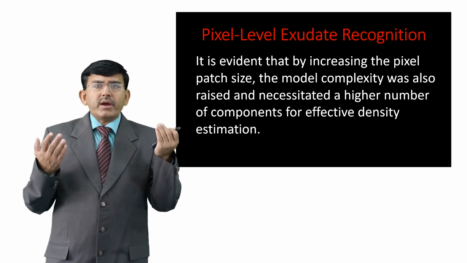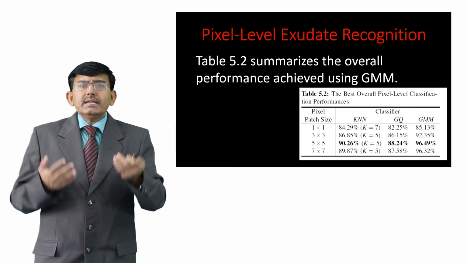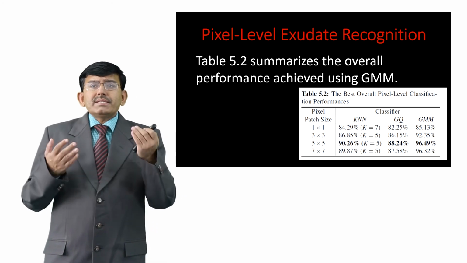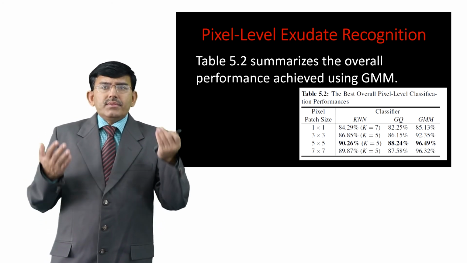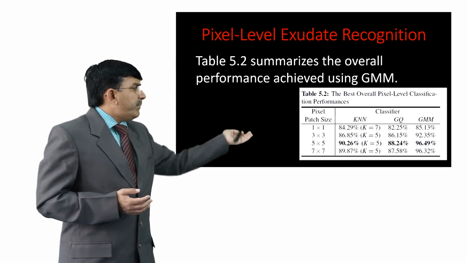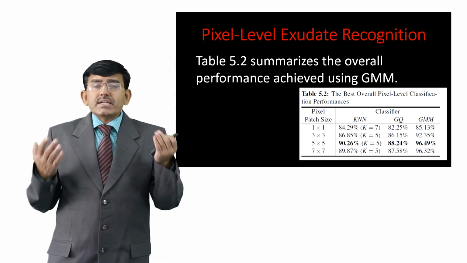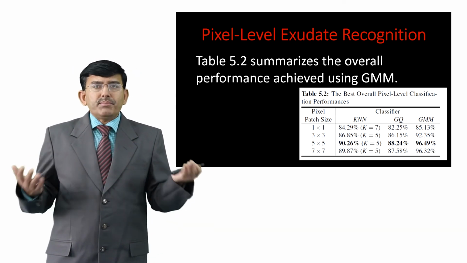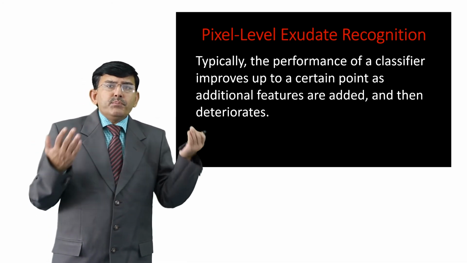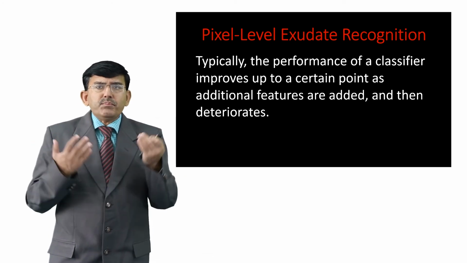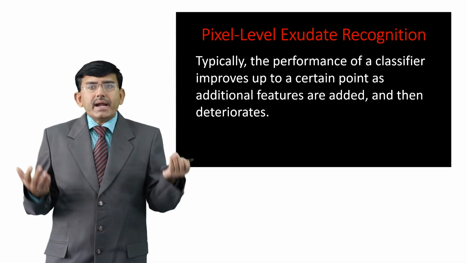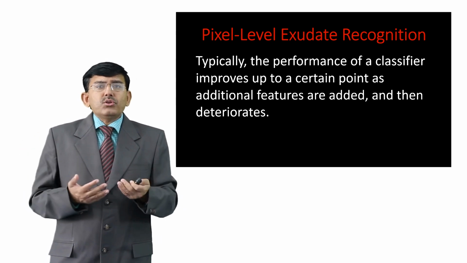Table 5.2 summarizes the overall performance achieved with the help of the GMM model. This model and the other two models are compared to check their respective performance. Typically, the performance of a classifier improves up to a certain point as additional features are added, and then deteriorates.